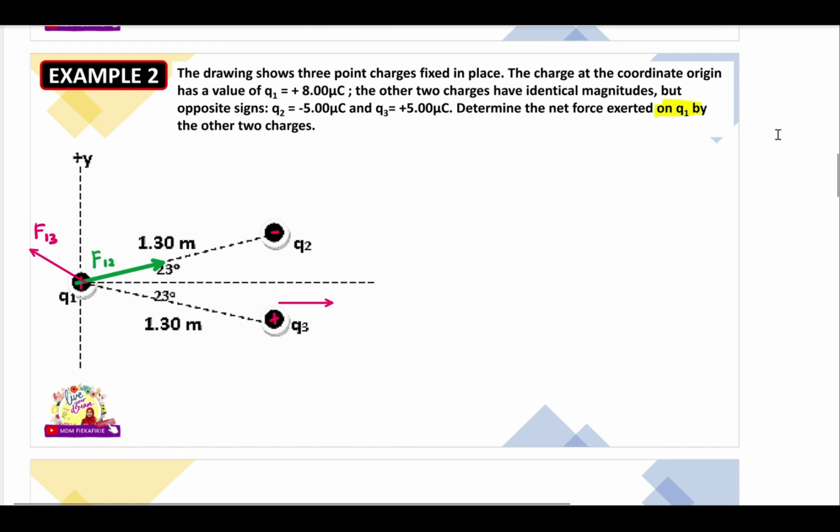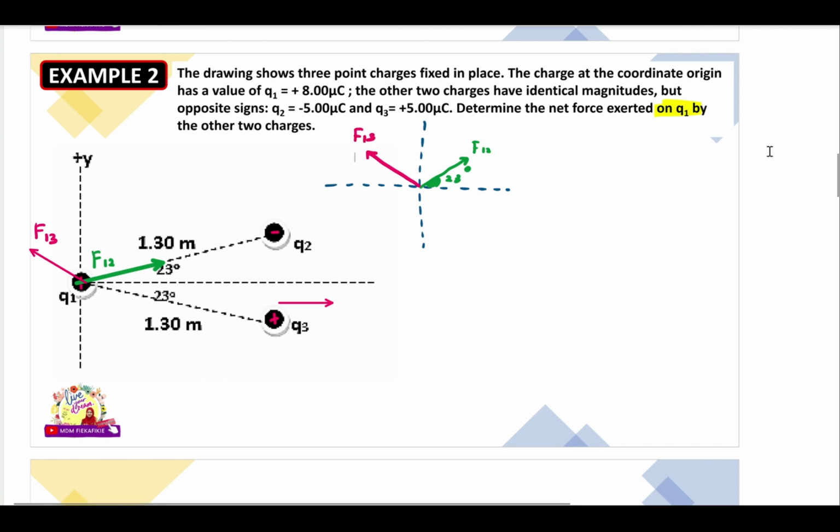Okay, so kalau saya suka lukis semula lah. Okay, so contoh ini adalah Y component and this is X component. Okay, so F12 in this direction. So F12 and this is the angle 23 degree and then this is F13.